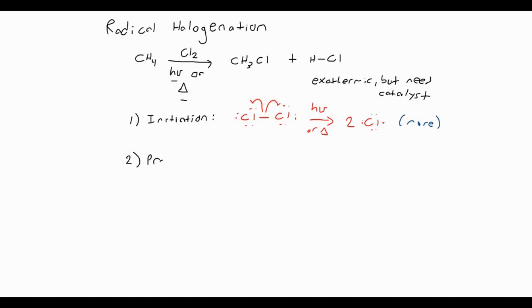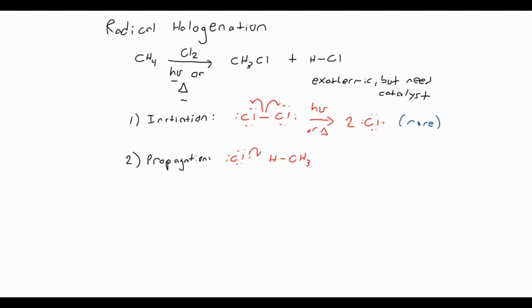We also have propagation. And there's a couple different steps we can do for propagation. That's going to be propagating the radical. So we could possibly have maybe a Cl radical here, and a molecule of methane, and I'm just going to abbreviate CH3 and then take a look at only one of the CH bonds here.